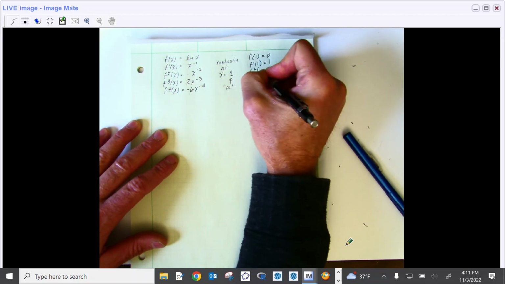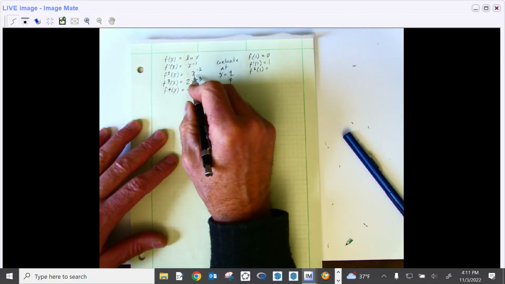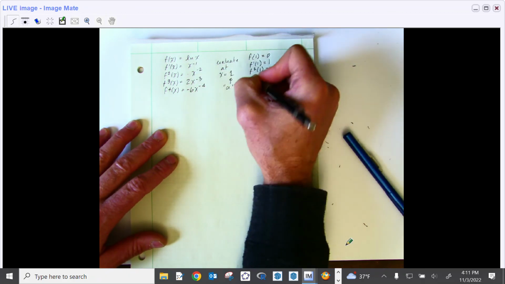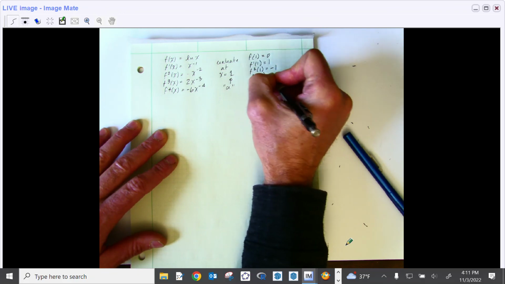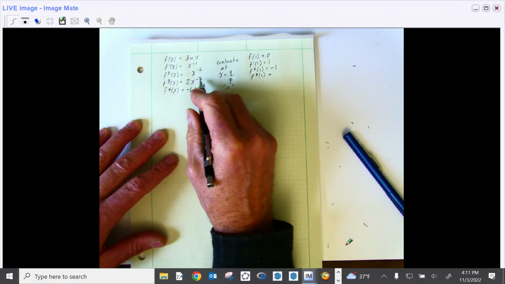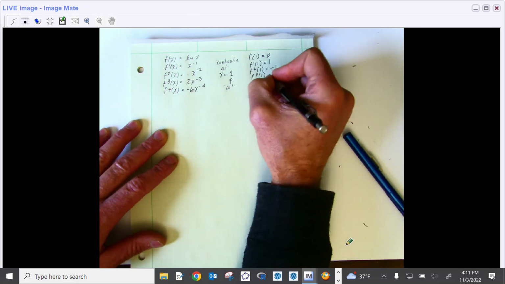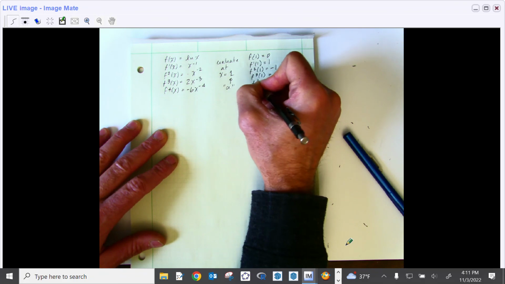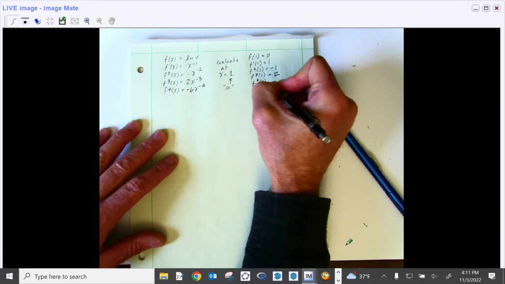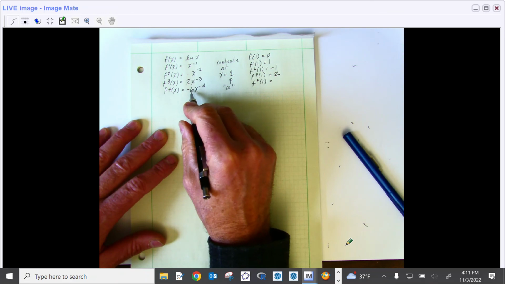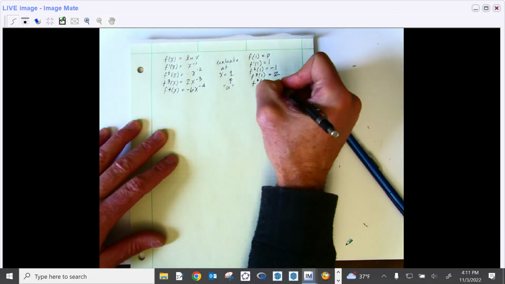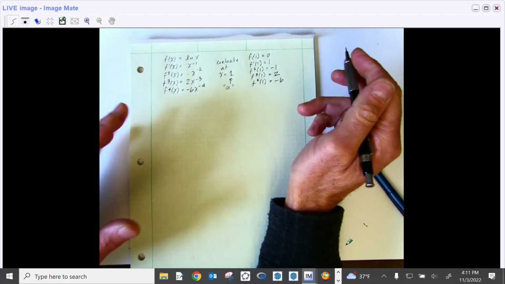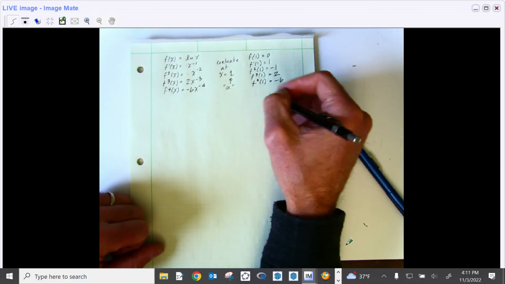The second derivative evaluated at 1 is 1 over 1 squared, but it's negative, so it's negative 1. The third derivative evaluated at 1 is 2 over 1 to the third, so that's just 2. The fourth derivative evaluated at 1 is negative 6 over 1 to the 4th, so it's negative 6. So we get this sequence for our f prime, f second, f third, f fourth.